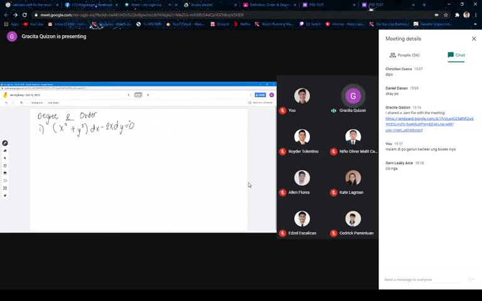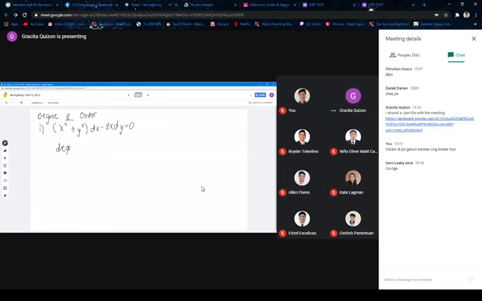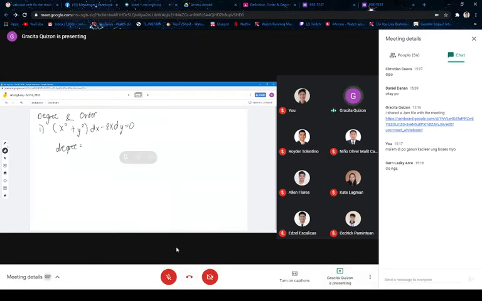So, para may idea tayo, first example, ano yung degree and ano yung order? Para mas mabilis, first identify natin yung order. Sino may idea kung ano yung order ng first example?